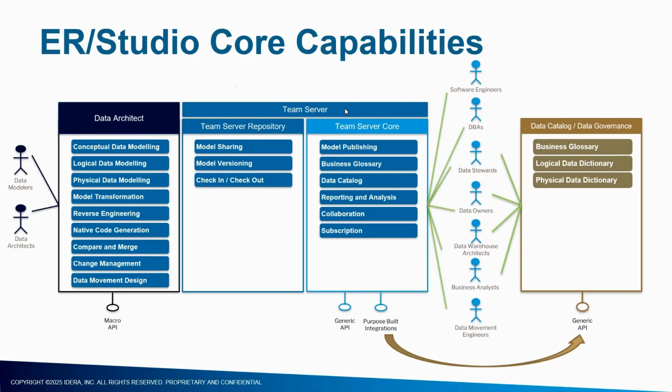And regarding the server part, we provide our own repository to share the different models together, to work together on this project. We can also push to, like I said, Git or DevOps directly from Data Architect if we want to. And when we have worked on the project and they are ready to be shared across the different colleagues in the company, you can directly publish your models in this web server.